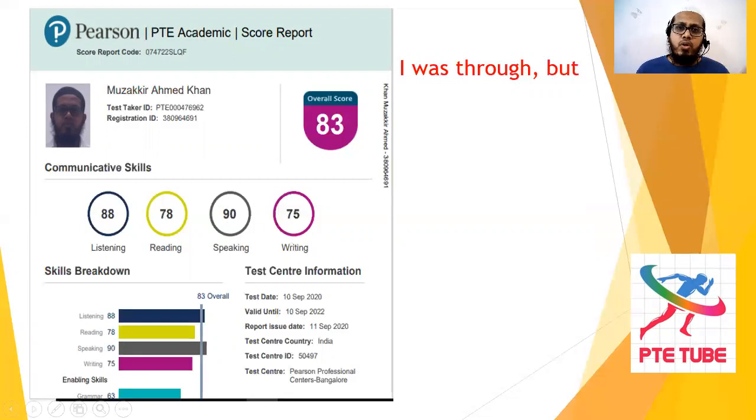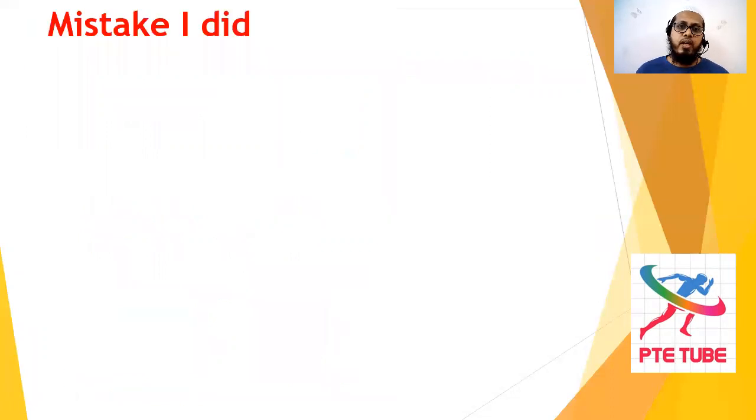I was very confident in writing, but still I got 75. Just because of this, I lost in reading as well by 1 mark. Why is it? I was almost through. Listening, I got perfect. Speaking, I got perfect. Writing, I messed up. How? Why? Have a look. I'll let you know what mistake I committed.